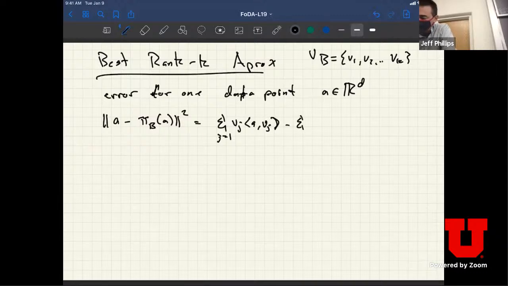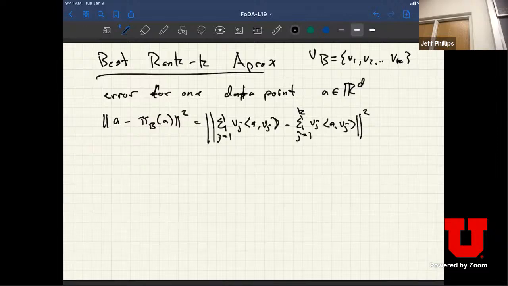Minus... okay, so what's going on here? I've written out the projection onto the basis B. Remember, I can write this as a sum over the K vectors, V1 through VK, in this basis.